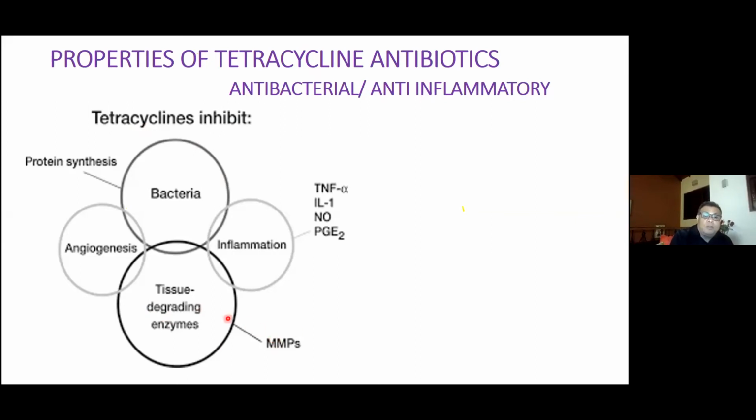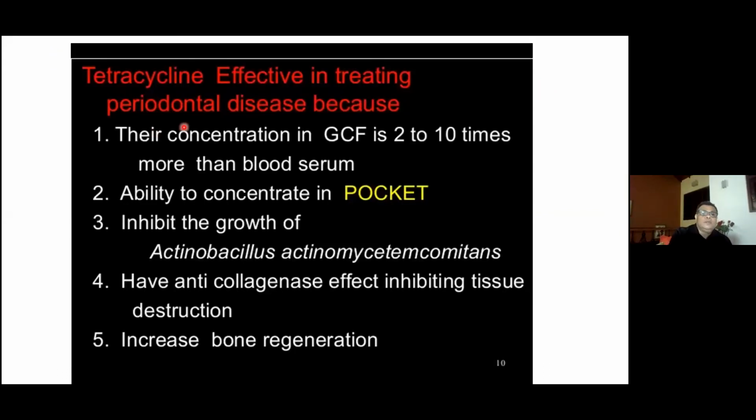Therefore, it has a place in the treatment of periodontal disease, because in periodontal disease you get collagen destruction and bone destruction together. It also prevents angiogenesis, so people say it has some anti-tumor activity as well. For those reasons, tetracycline is highly effective in treating periodontal disease, because the concentration in gingival crevicular fluid is 2 to 10 times more than in the blood.